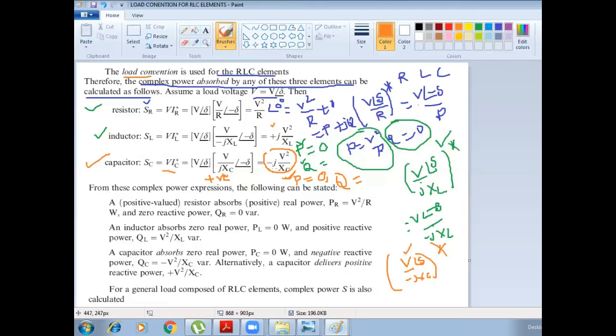But here it has minus J V square by XC. So here we got a minus sign. Then we can say that the capacitor delivers the positive reactive power. So without any confusion, you can take any of the elements, and you can say whether the particular circuit element delivers or absorbs the real and reactive power.